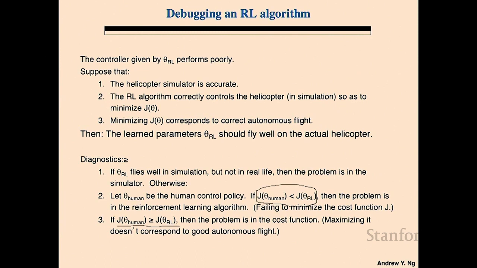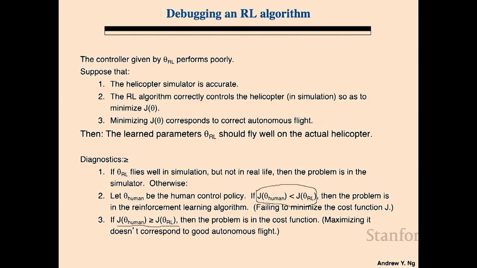So what this tells you is that minimizing J of theta does not correspond to flying well. Your learning algorithm achieves a better value for J of theta. J of theta RL is actually smaller than whatever the human is doing. So the reinforcement learning algorithm, as far as it knows, is doing a great job because it's finding a value of theta where J of theta is really, really small.